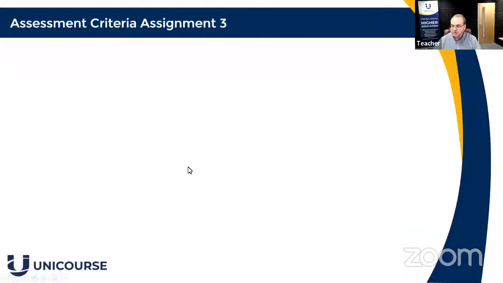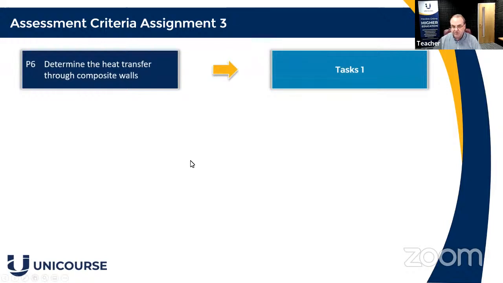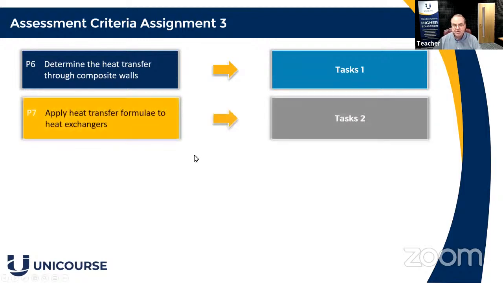So first of all, just so we're clear what we have to do, we'll have a quick look at the assessment criteria. There are 4 criteria. First of all, P6, which is to determine the heat transfer through a composite wall, and that's addressed in task number 1. Then we'll look to apply heat transfer formula to heat exchangers, and that's again addressed by task 2.